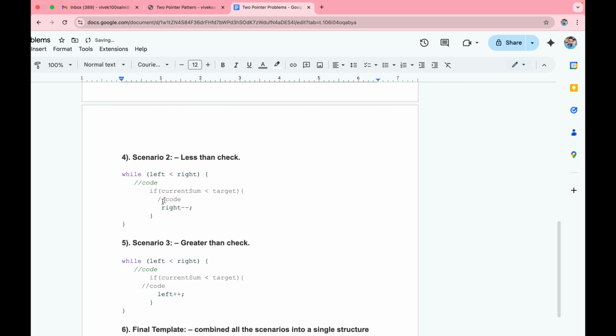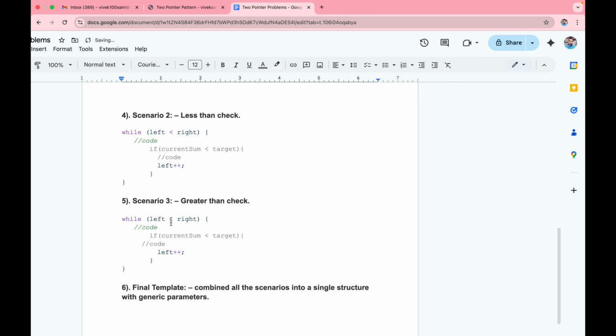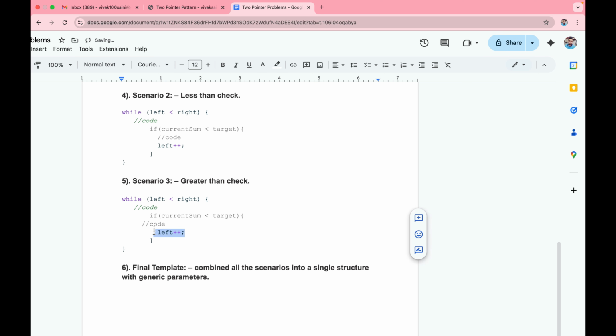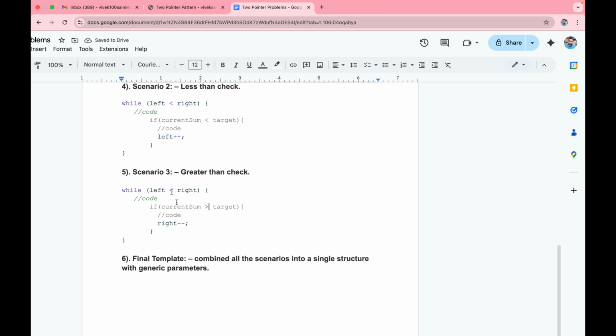Okay, so no, sorry. So here we need to do it and our condition is our current sum is greater than target. So we are doing like this. So we have done with all our scenarios.